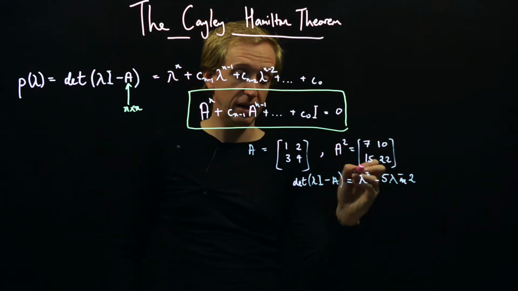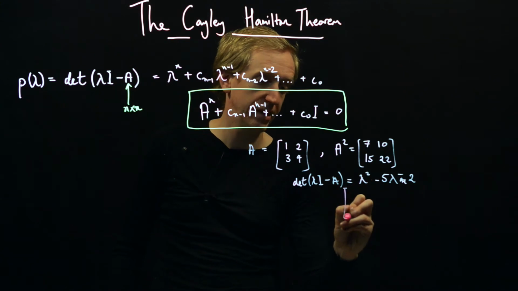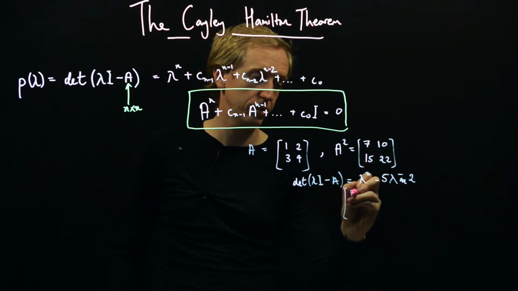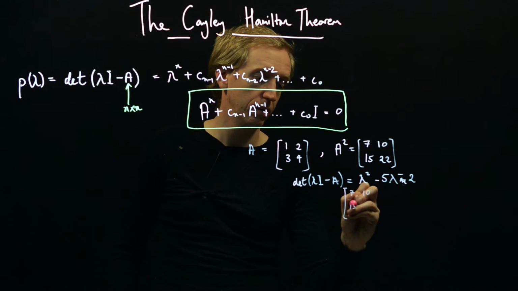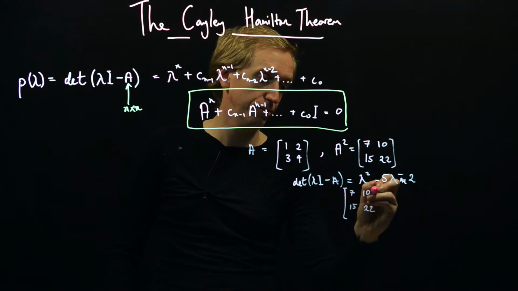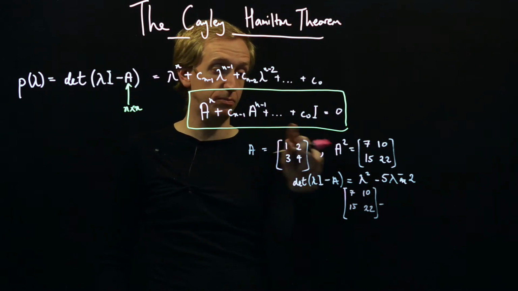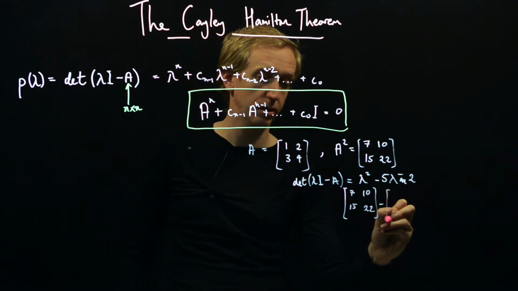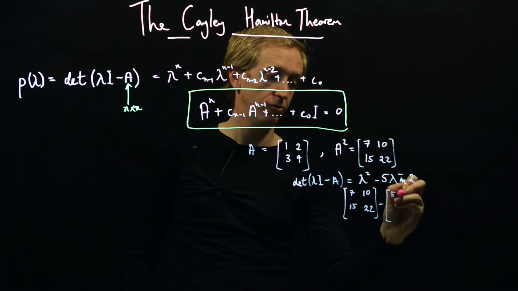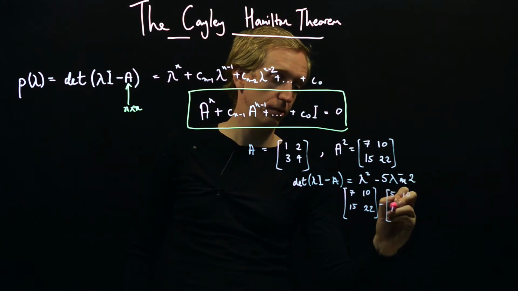So let's just see. Lambda squared, well, we put in our A squared matrix, so that's 7, 10, 15, 22. And from that, we subtract 5 times this matrix here. So we're going to subtract away 5, 10, 15, and 20.